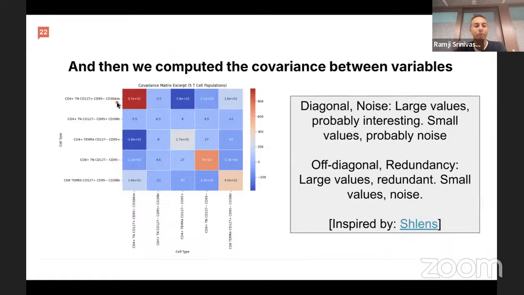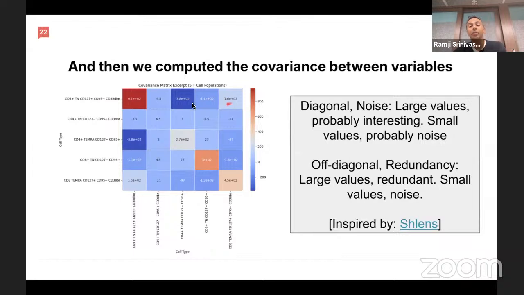For each individual cell, we compute how much it covaries with itself and how much it covaries with other different cells as well. So for example, CD4, TN, CD127, CD95 minus, CD38 dim with itself, and then with another variable, with another immune cell, et cetera.